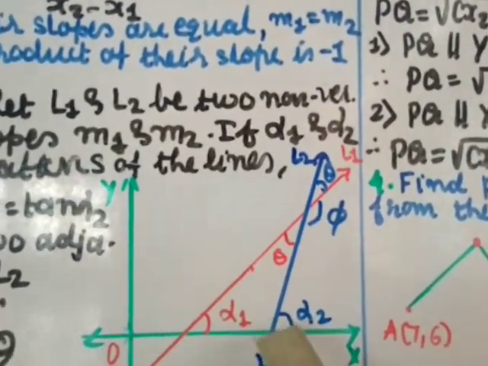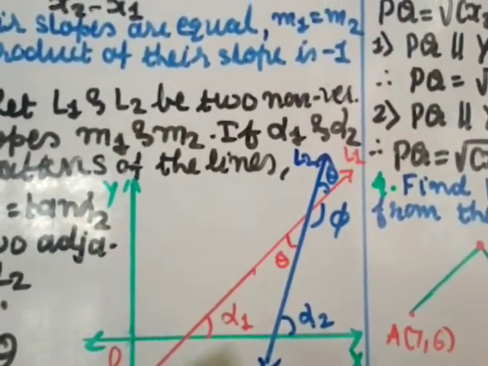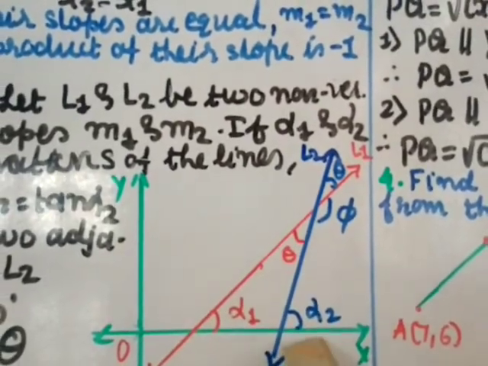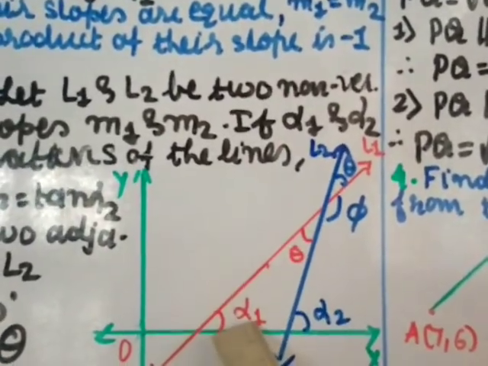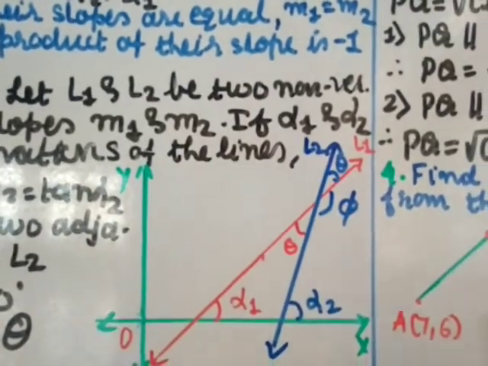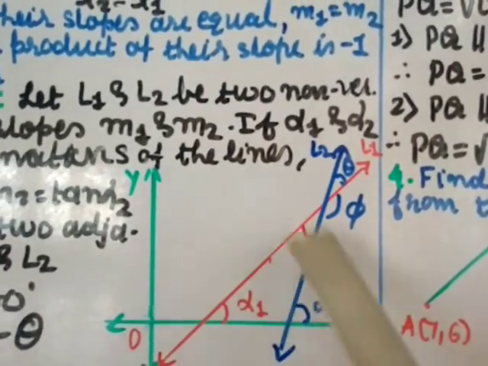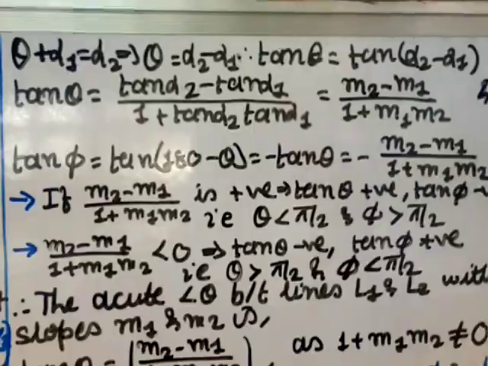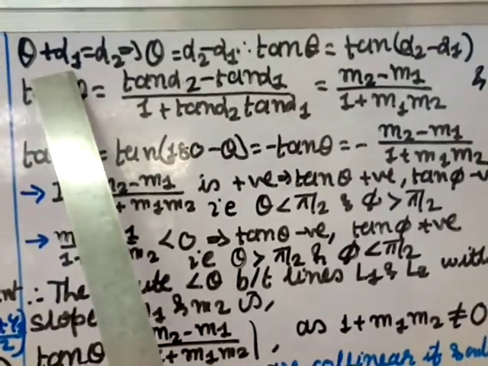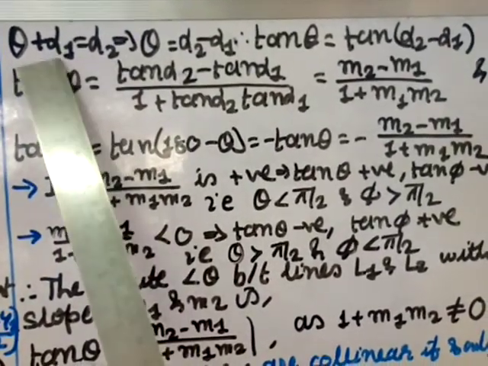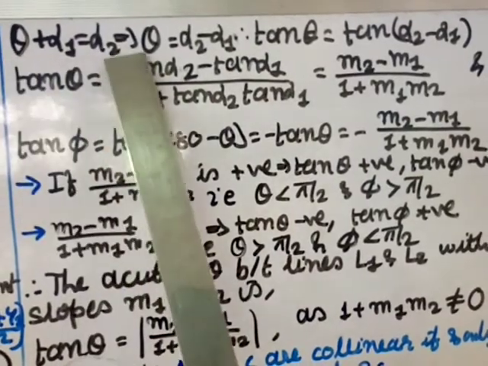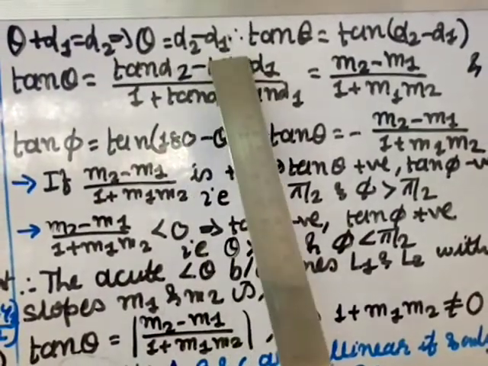And in this triangle, this is the external angle. So you know the relation between these two angles and this angle as theta plus alpha 1 equal to alpha 2, because this is the external angle and this is a formed triangle. So theta plus alpha 1 is equal to alpha 2. This alpha 1 transfer over here. So here remains theta equal to alpha 2 minus alpha 1.